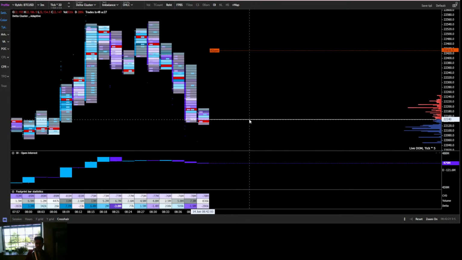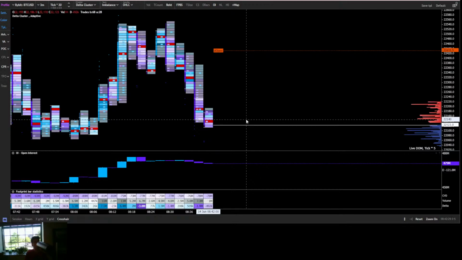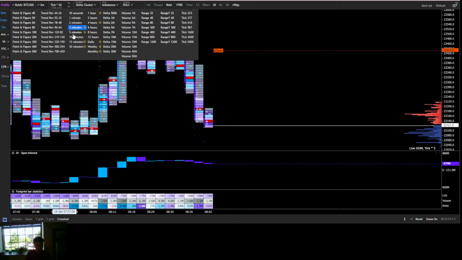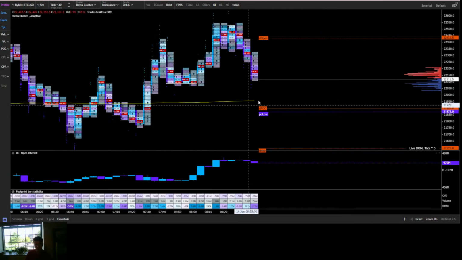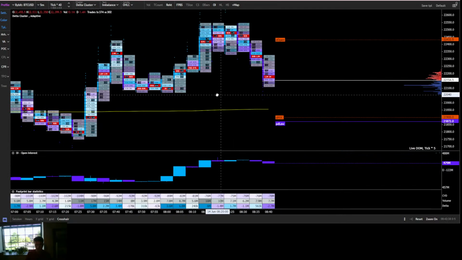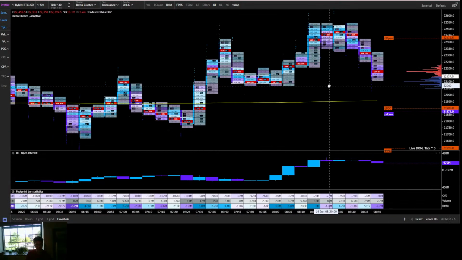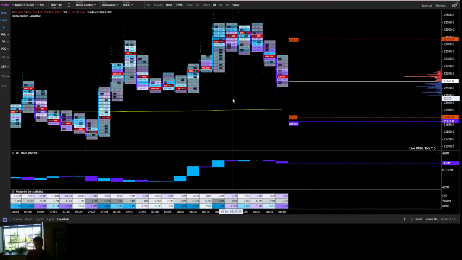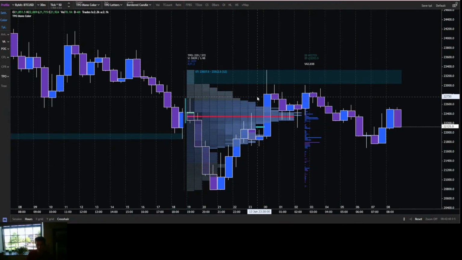Again, I want to be longing right now. I'll go up to the 5 minutes, see what we're doing here. Some longs getting stopped out a little bit. We'll take a look at single prints, see what's going on here.